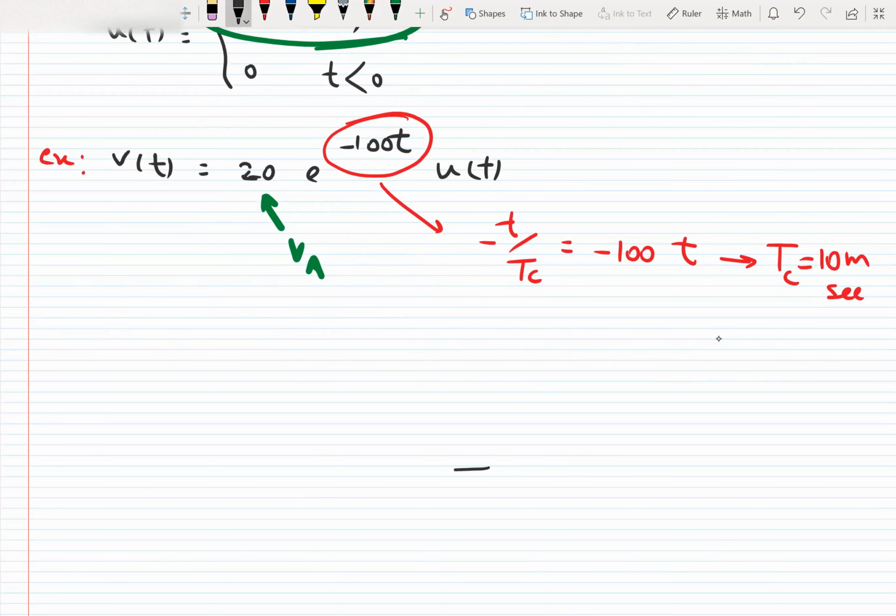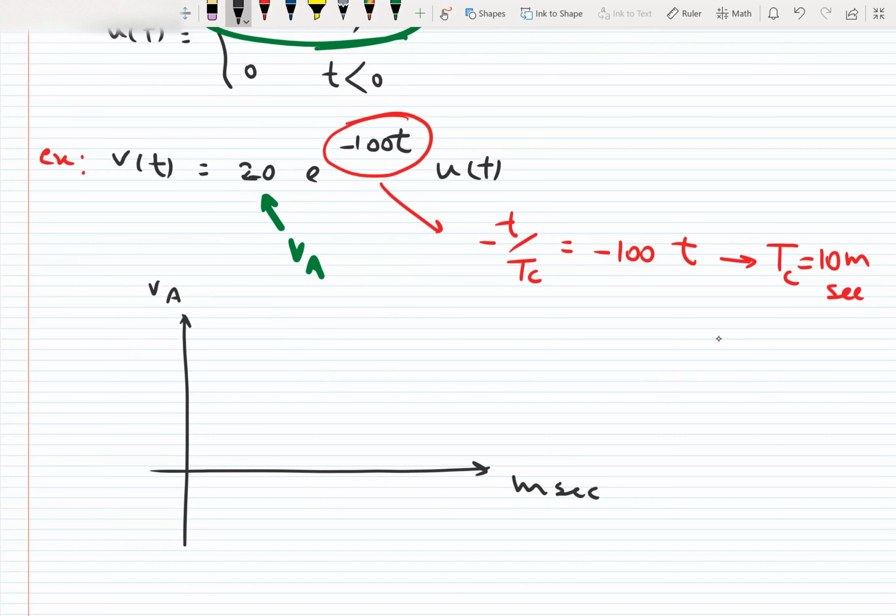Okay, first we need to have our axes. So it is like VA, and for the horizontal axis, this time I want to show it in milliseconds.